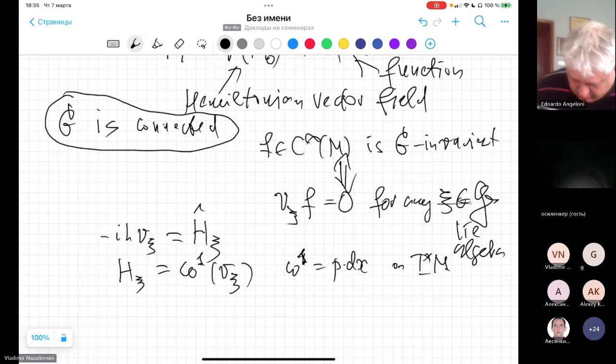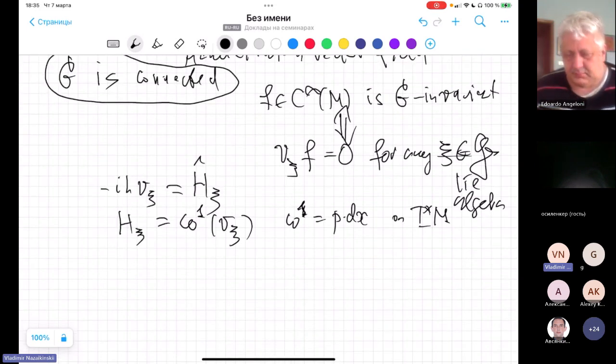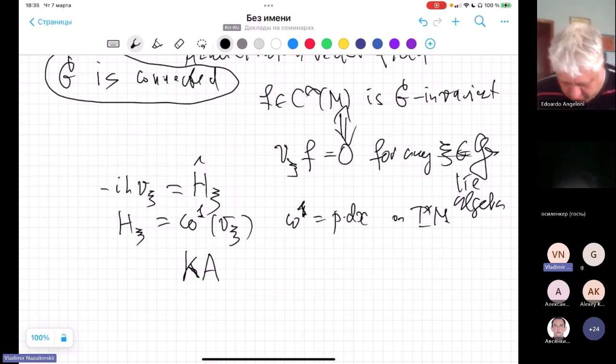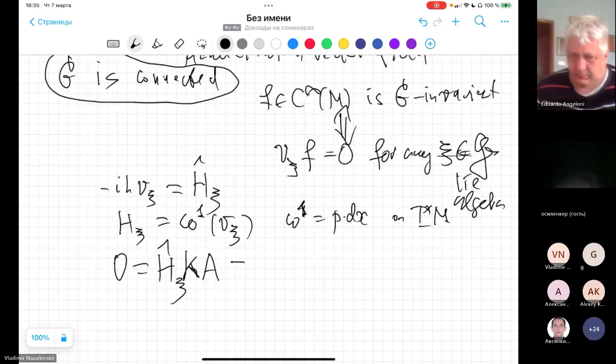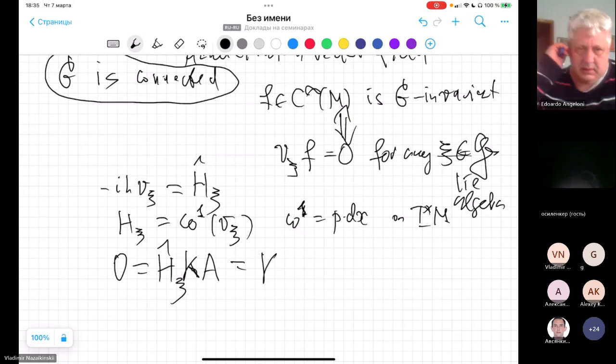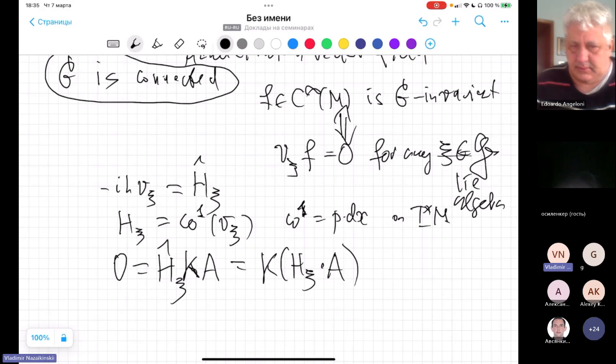Well, so let us consider the function Ka. We need it to be invariant with respect to the group G, and so it must be annihilated by all these vector fields, and so we have this by the first commutation formula.